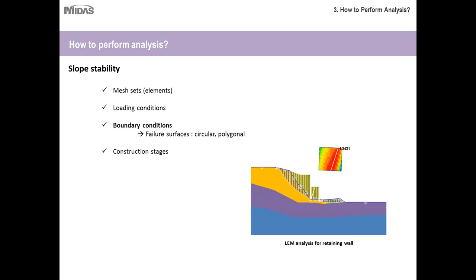So again, going back to the first example, if you have to perform a slope stability analysis, then in your boundary conditions you define what the failure surfaces will be, or define the analysis type as shear strength reduction, and you can perform slope stability analysis.